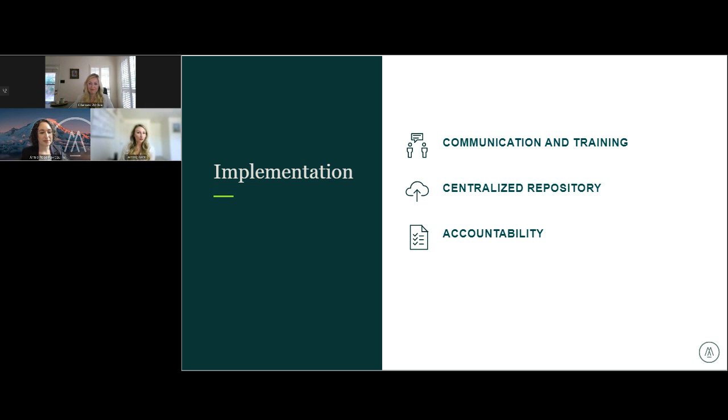Think about all the rework that ends up happening when someone didn't understand a process or wasn't aware of changes to a process. All of that rework can be eliminated with the right type of upfront training and access to reference guides. And of course, the last element is accountability. New policies can represent change.